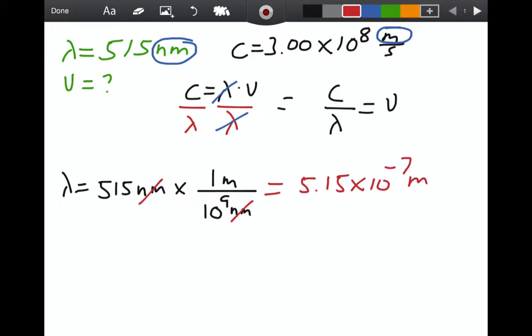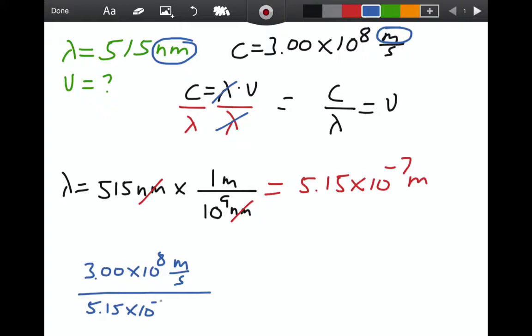So now I've got my lambda in terms of meters, I've got my c, so let's go ahead and calculate this out. So I've got 3.00 times 10 to the 8th meters per second over 5.15 times 10 to the minus 7 meters. My meters cancel. The only unit I'm left with is 1 over seconds.